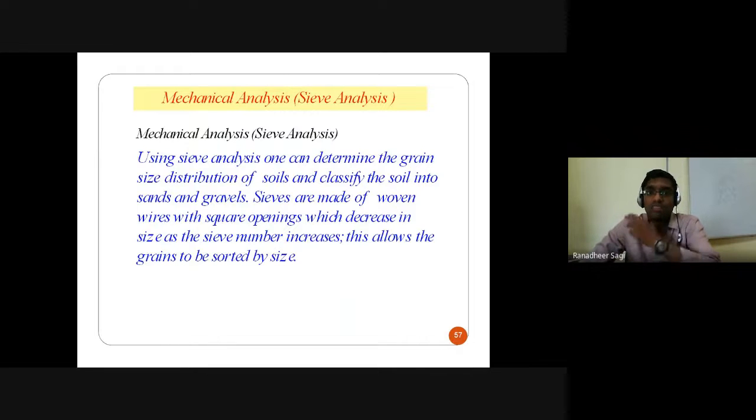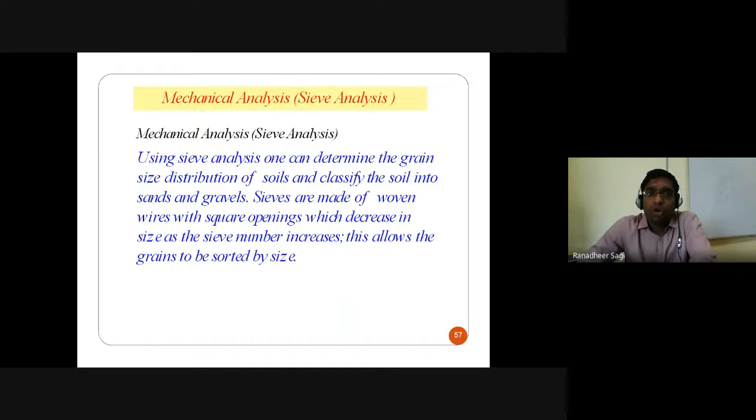The sieves that we are generally going to be using are made of woven wires. You are going to have a mesh containing wires which are systematically arranged to form an opening, which is square shaped.